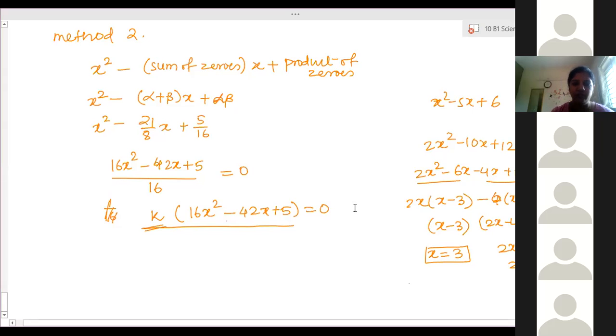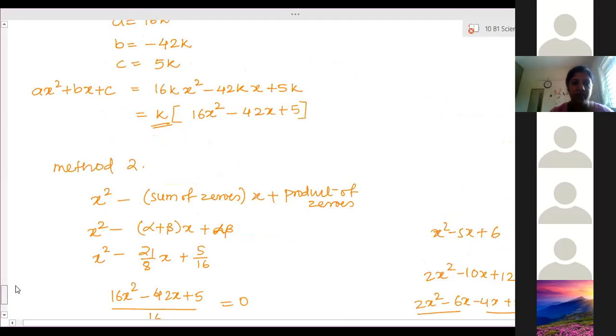Therefore we need to substitute k. Ma'am, so in the answer we should mention that k is real. Yes, k is any real number. Understood, everyone? If you don't write k, you will lose marks.